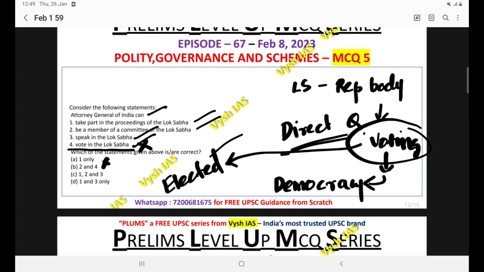Will that member get such a power? Then the very virtue of democracy gets damaged. So you can eliminate the fourth option. Non-elected members will have voting powers very rarely only; in most cases they won't. So first, second and third are correct, whereas fourth is not correct. So you can go with option 1, 2 and 3 only.